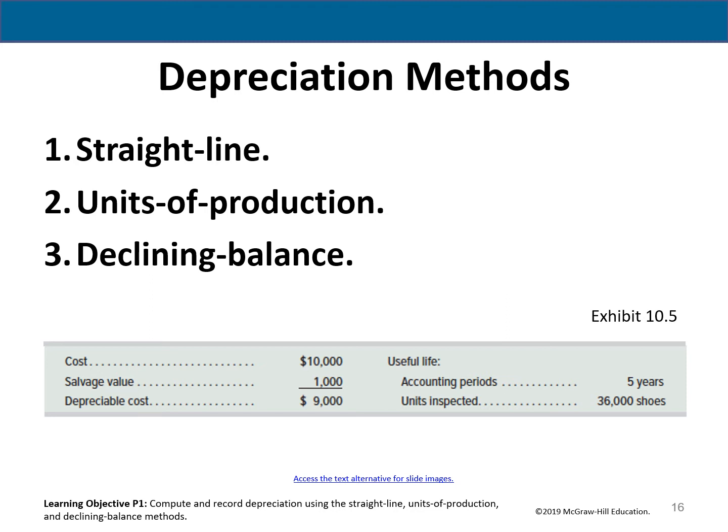The first being straight line, and we saw that a little bit already in chapter 3. 90% of companies use this method, maybe more, for financial statement purposes. It's pretty straightforward, easy to calculate, and very predictable into the future. But there's two other methods, units of production and declining balance. So we're going to look at all three. Declining balance is more popular for tax returns.